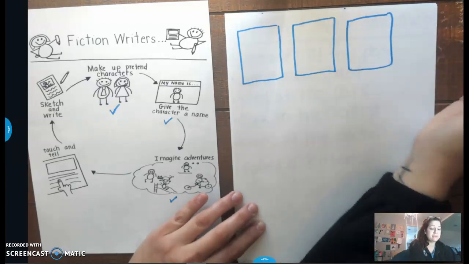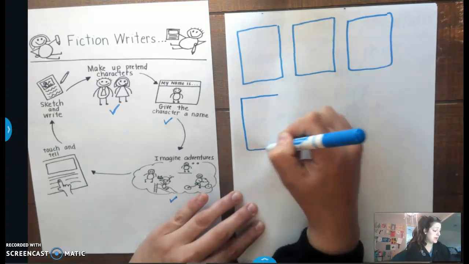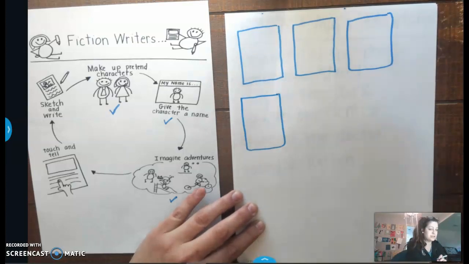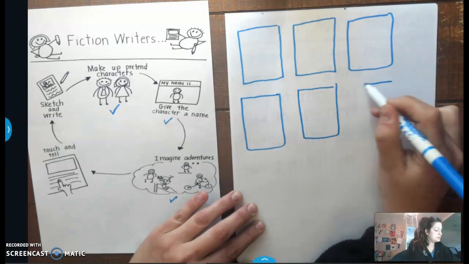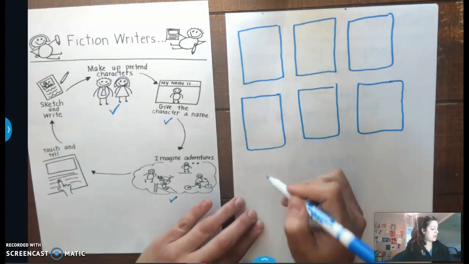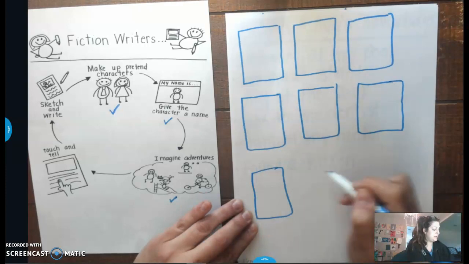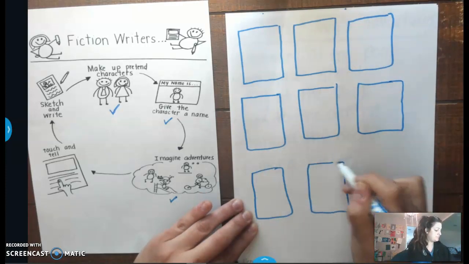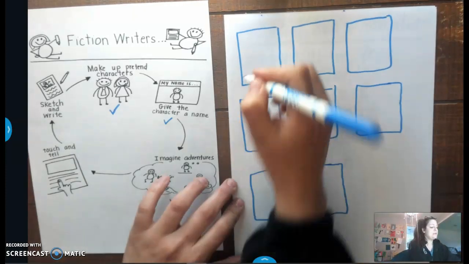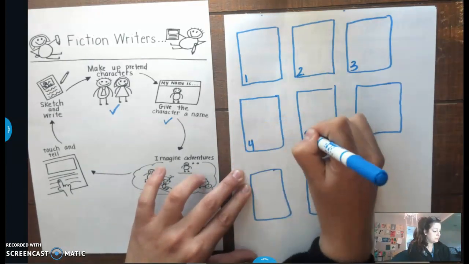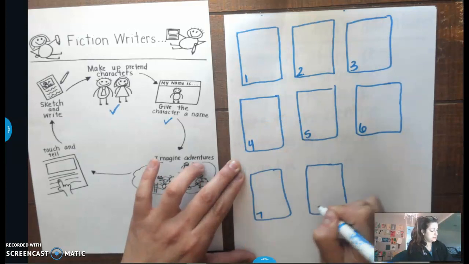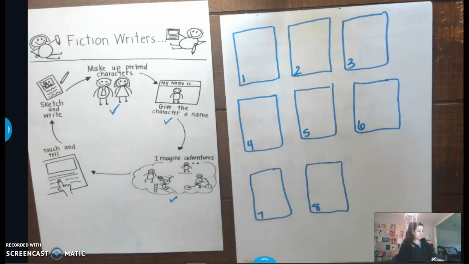You can have as many pages in your book as you want. I'm going to do 8, because that's what we average. So I'm going to have 8 pages in my book. Okay, so we have page 1, 2, 3, 4, 5, 6, 7, 8.